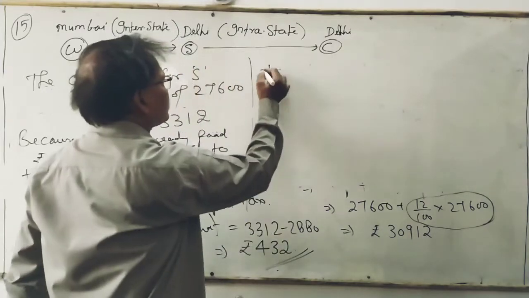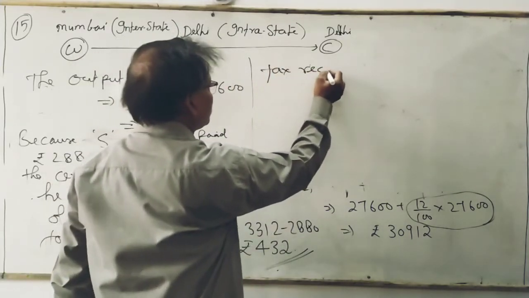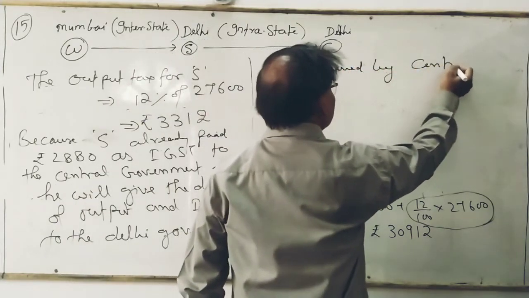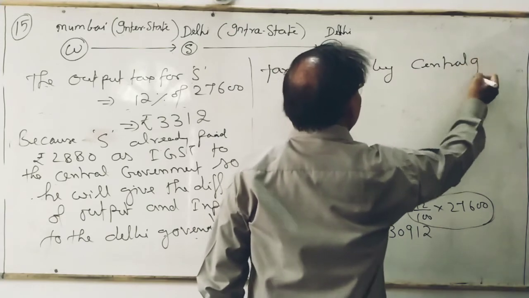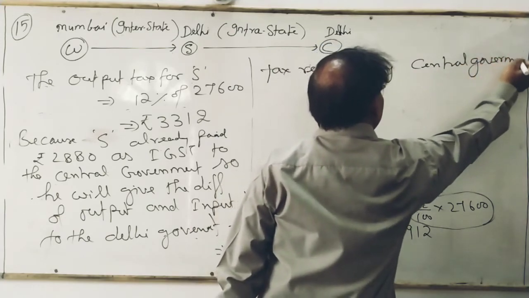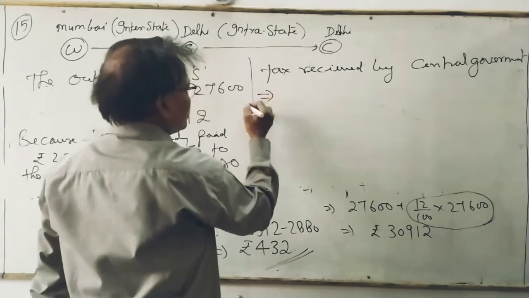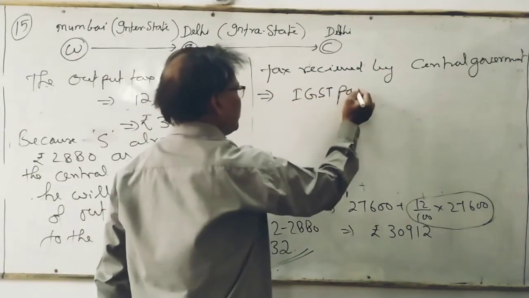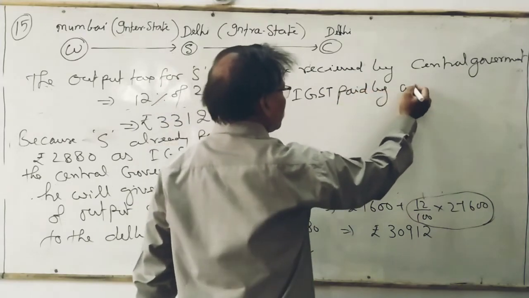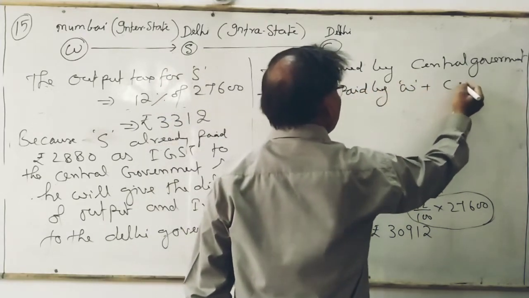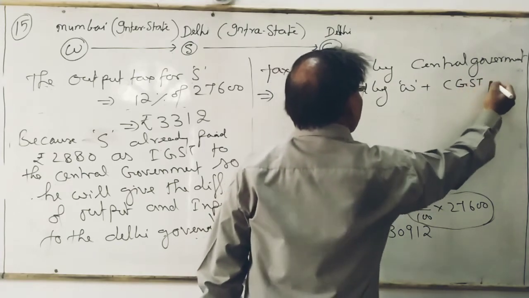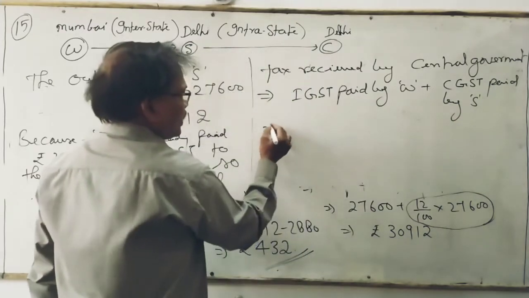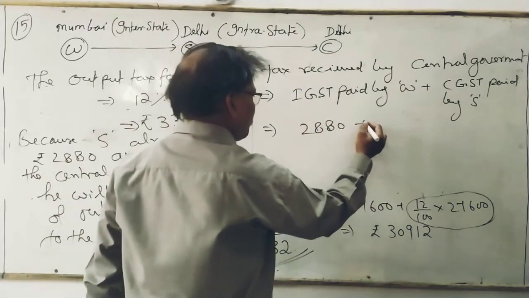So the tax received by the central government is equal to IGST paid by the wholesaler plus CGST paid by the shopkeeper. And this is 2880 plus nil.